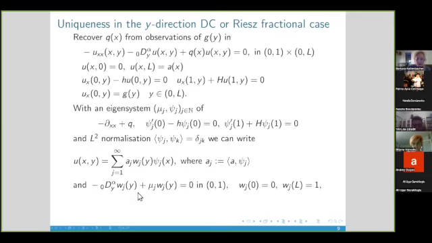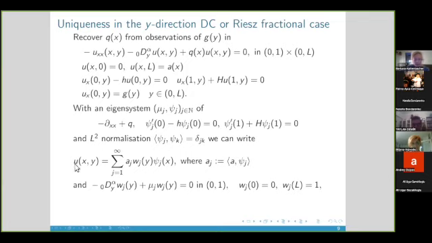And actually one can show that these solutions are linearly independent. So for different j's, the family of solutions to this fractional two-point boundary value problem gives rise to a linearly independent family of wj's. That's something that we are going to use in a moment.